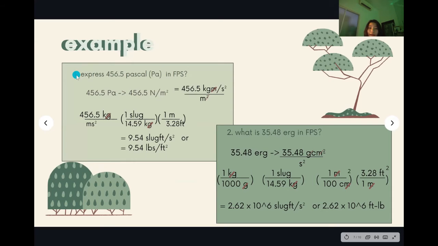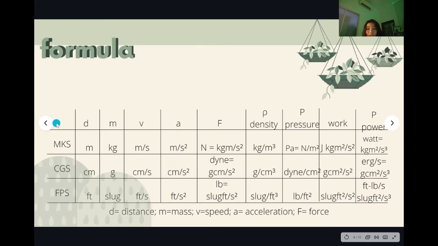Example number 1. Express 456.5 Pascal, PA, in FPS. You could see here on the MKS formula under P, pressure, PA equals N over m squared.